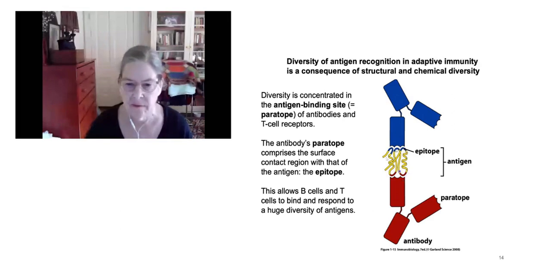And the binding energy is driven by hydrogen bonds, van der Waals interactions, hydrophobic interactions, salt bridges, and polar interactions, like all molecular interactions. And they're non-covalent bonds there. The same kind of recognition is going to happen between an epitope and the paratope for the T cells.